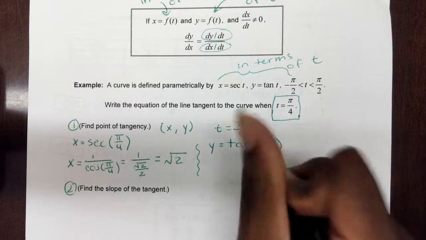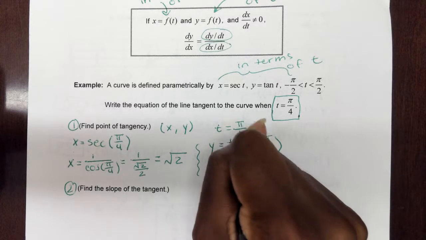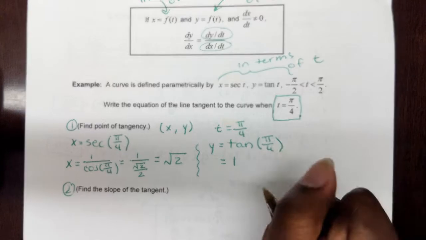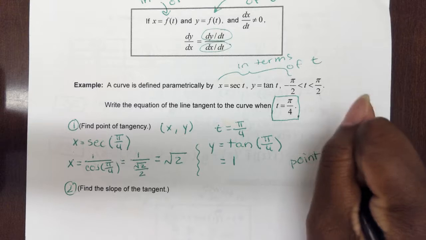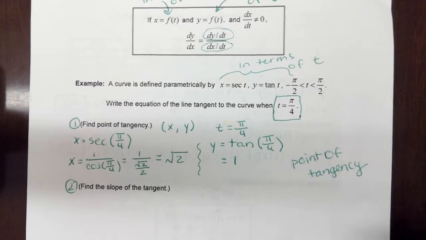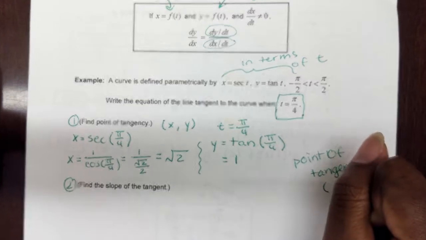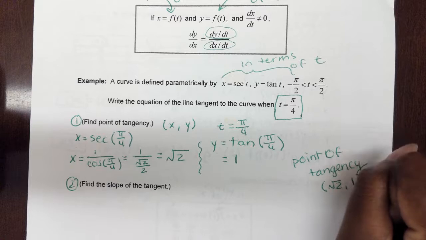And y, the tangent of pi over 4, is 1. So my point of tangency is x, which is square root of 2, and y, which is 1.